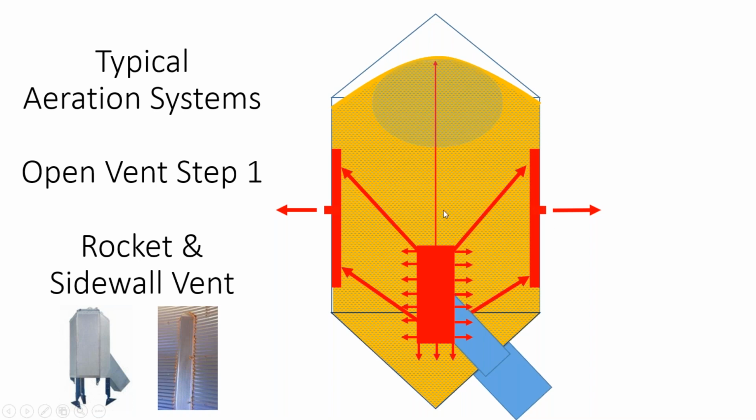Typically there are 4 of them, and the purpose is to try and exploit the idea of horizontal airflow. Now, the only way that you can get significant horizontal airflow is if you give the air a path to exit the bin on the bin walls.